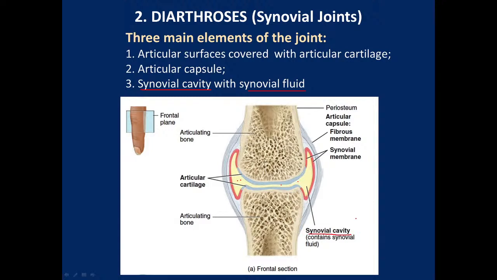So, let's repeat it again. Three elements. Articular cartilage, covering articulating bones. This is the first element.